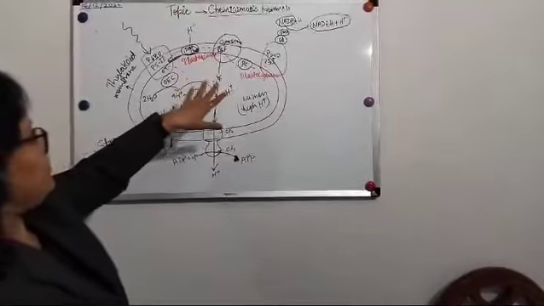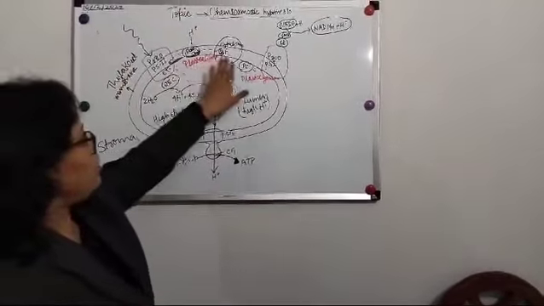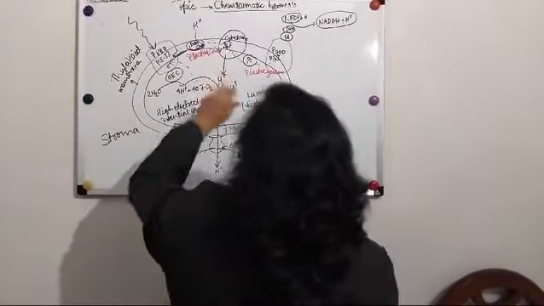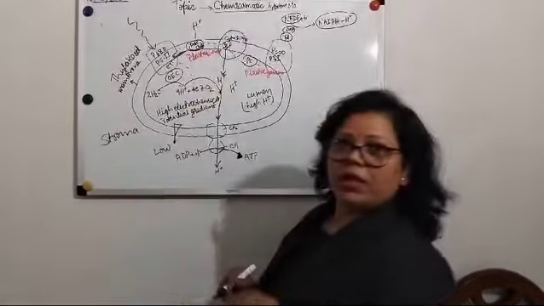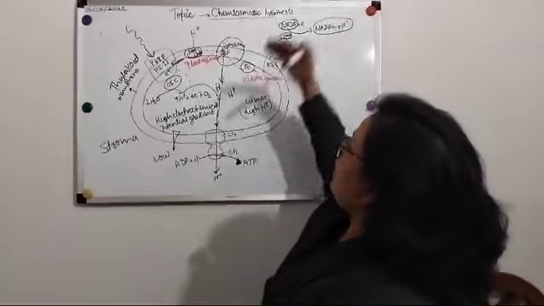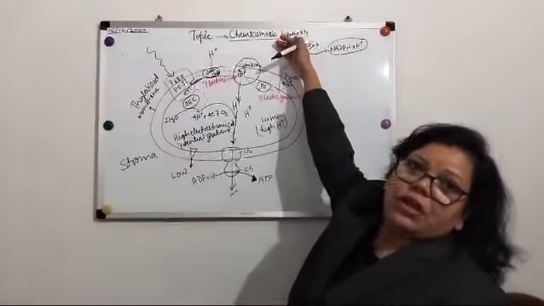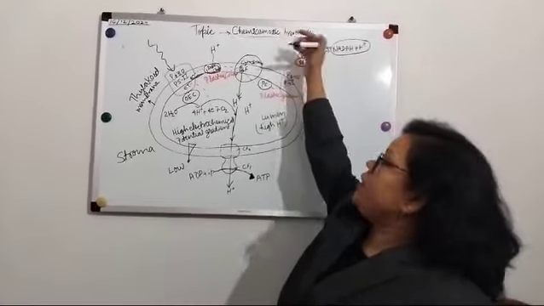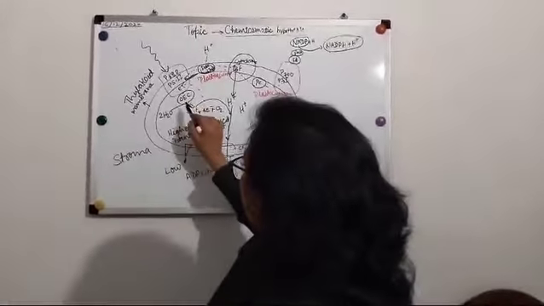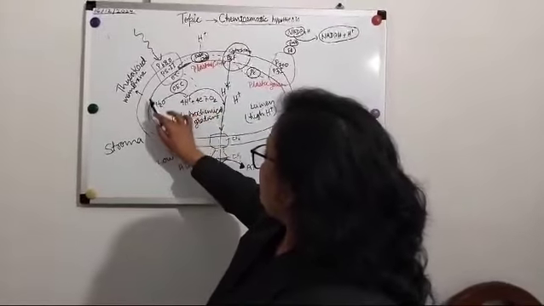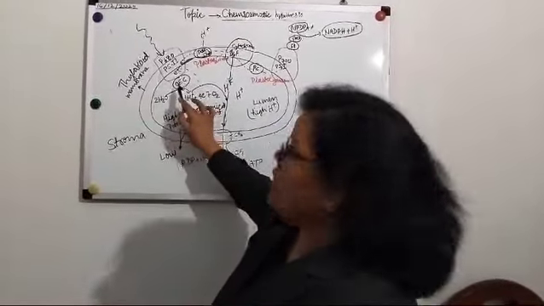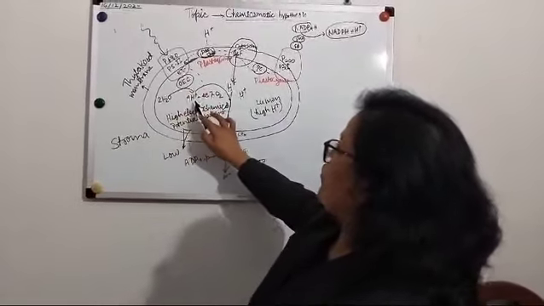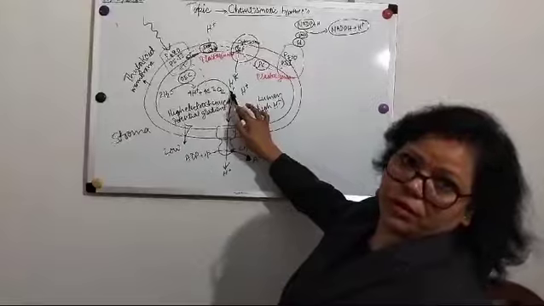Now we can understand here how the proton concentration inside the thylakoid lumen is more than the proton concentration in the stroma. That is how the proton gradient develops. Here, first, the OEC complex in presence of light rays will split the water molecule into proton, electron and oxygen.